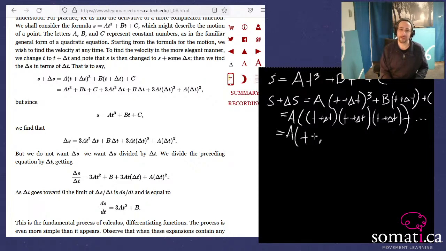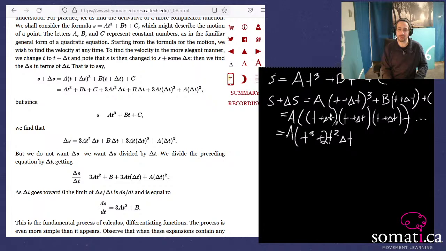So t cubed, t times t times t, and t times delta t times t. t times delta t again. Sneak a 2 in front of that.